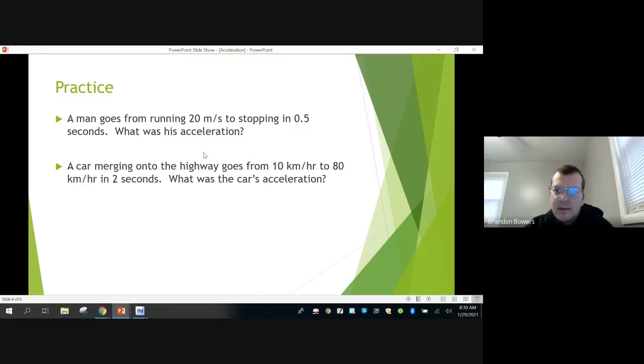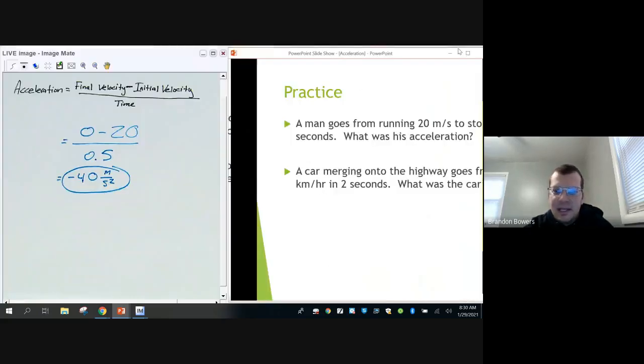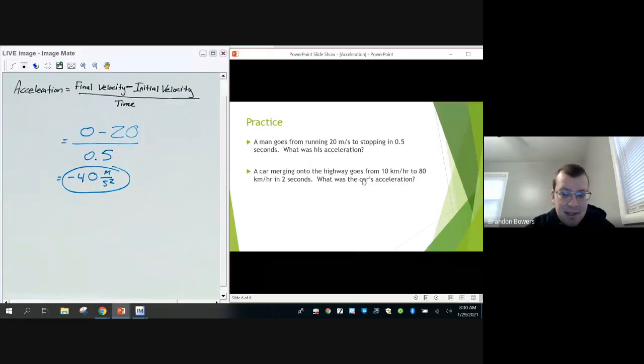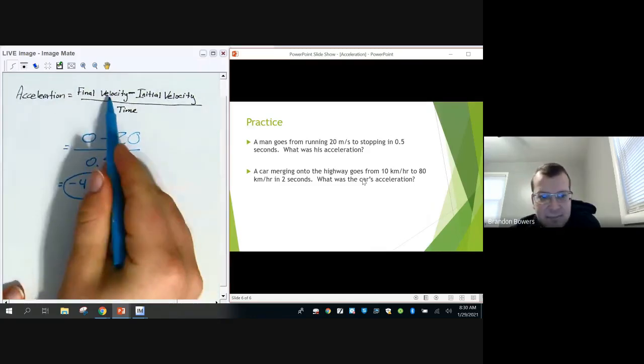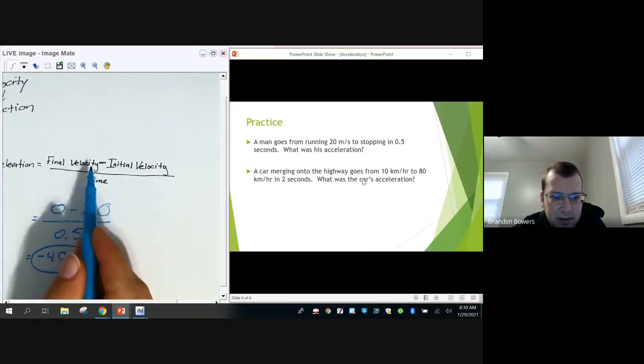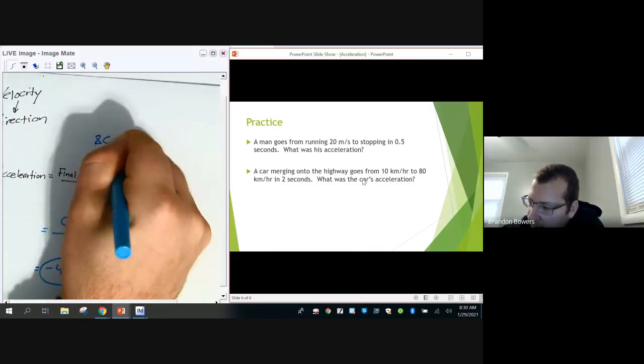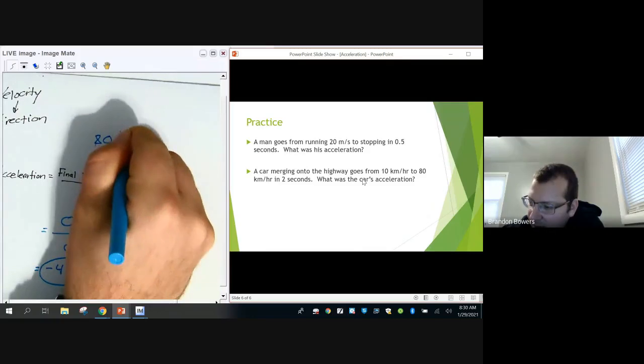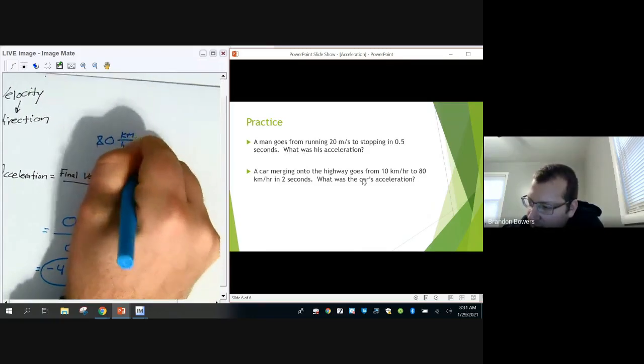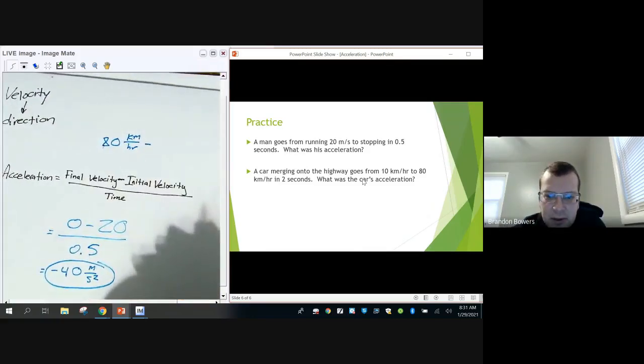Well, looking at our equation, he goes from 10 to 80. So his final velocity, I'm going to work up here, was 80 kilometers per hour, minus his initial.